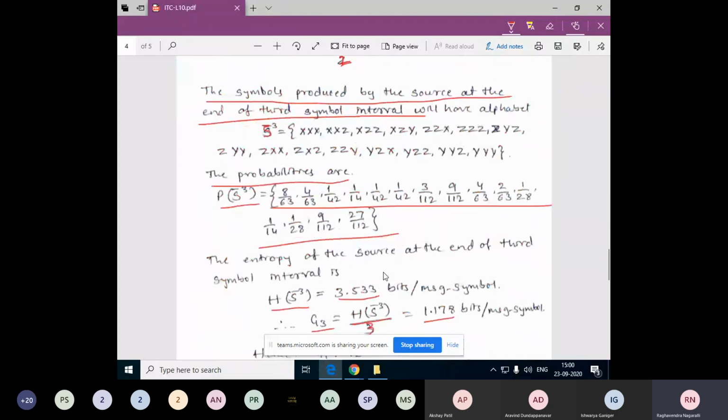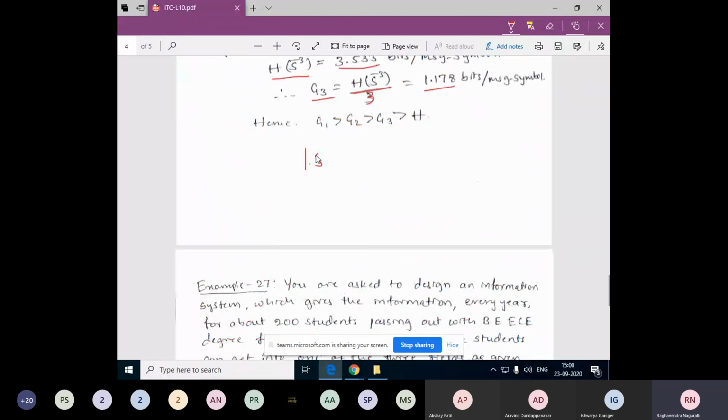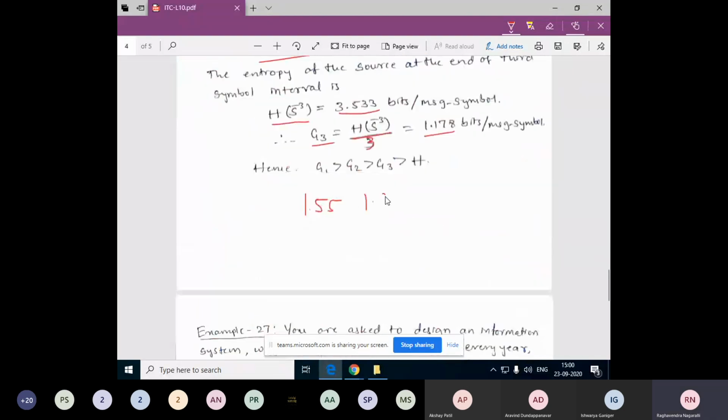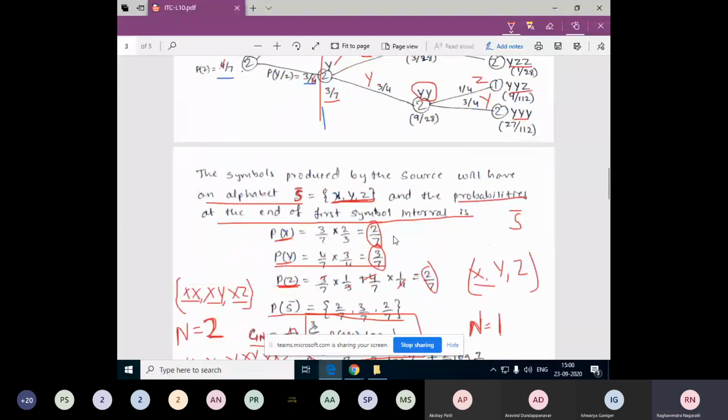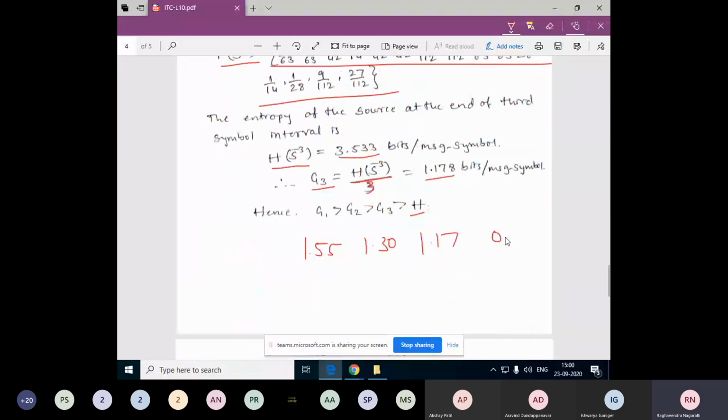And G2, what is the G2 value? G2 value is 1.30. And G3 is 1.17. And final entropy, the entropy which we have calculated in the first sub question, it is 0.8572.